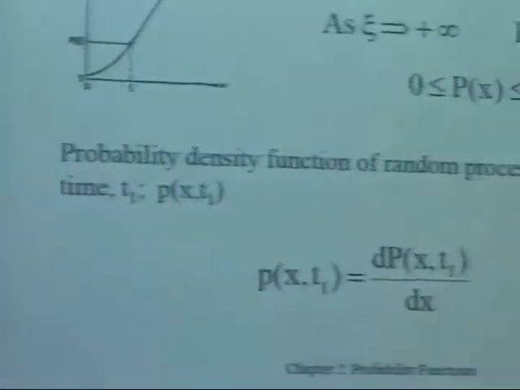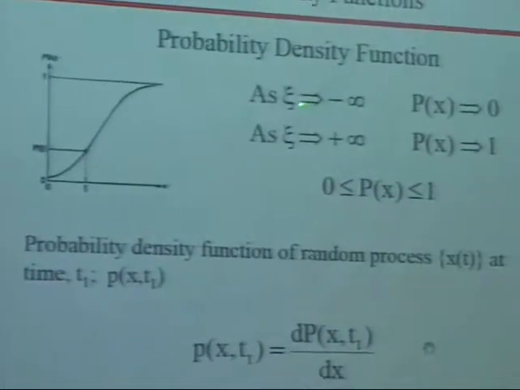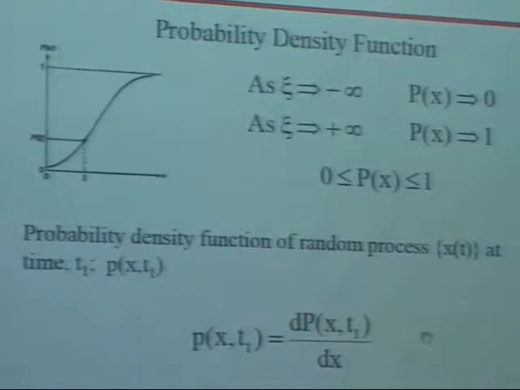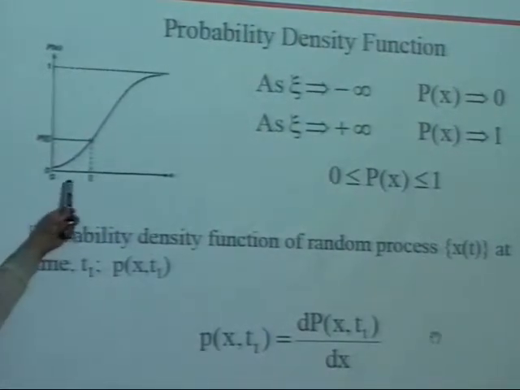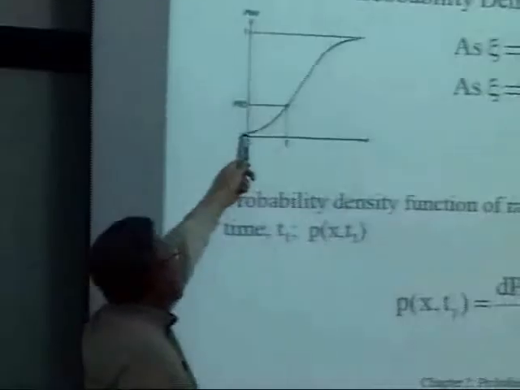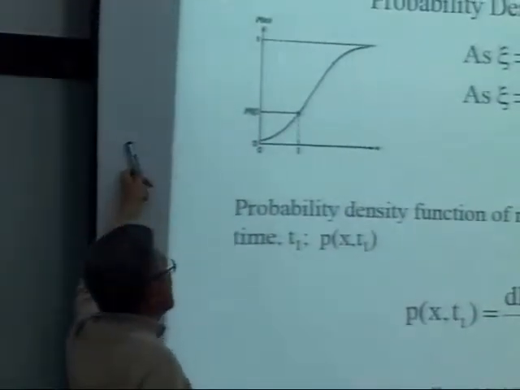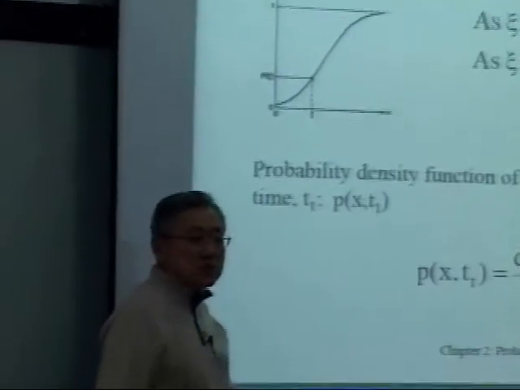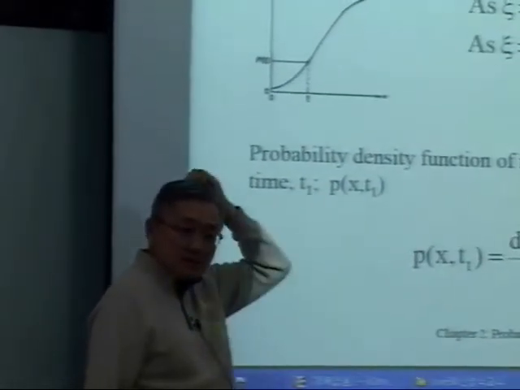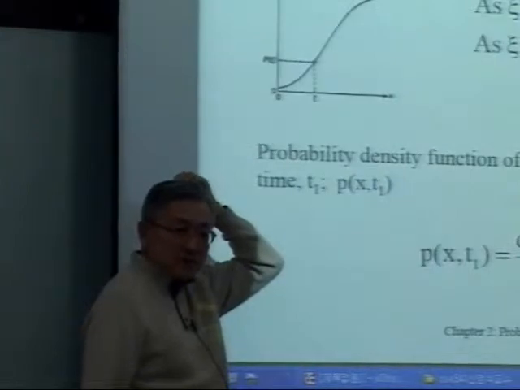As chi approaches minus infinity, it means it goes to negative infinity. Everything stops around here. If it keeps going, then the probability distribution is equal to 0, right? Make sense?